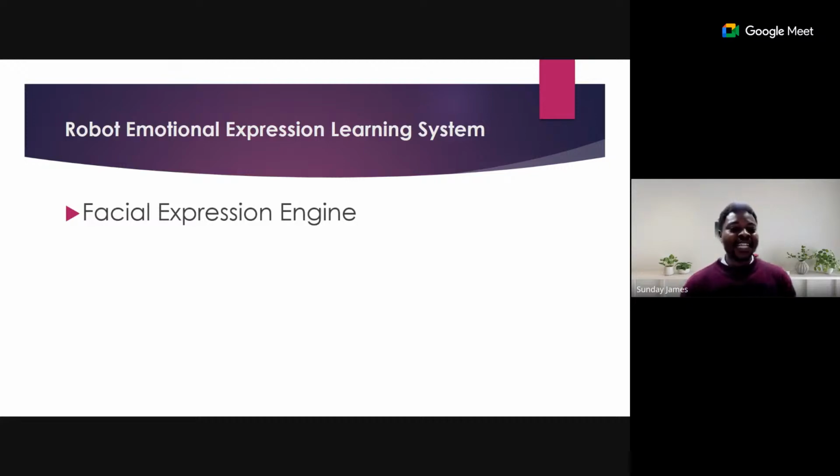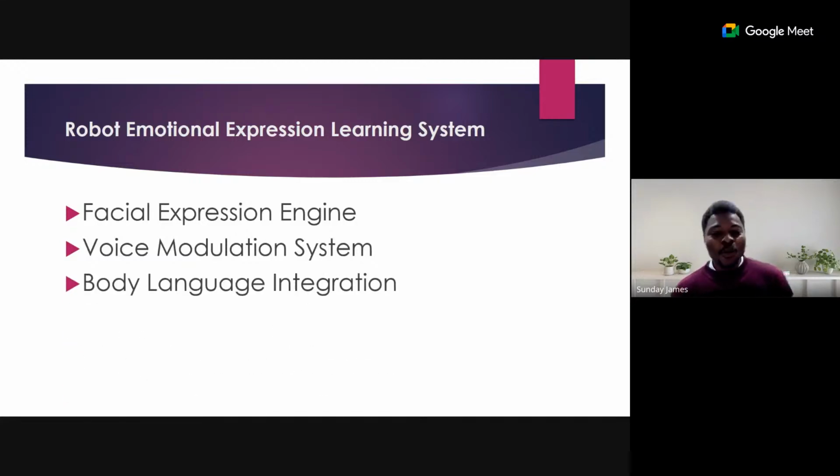We have a facial expression engine, we also have voice modulation systems, and we have body language interactions. Not just looking at you without doing anything, a robot is able to mimic this expression from their facial look, from the tone of their voice, and also by their body movement.